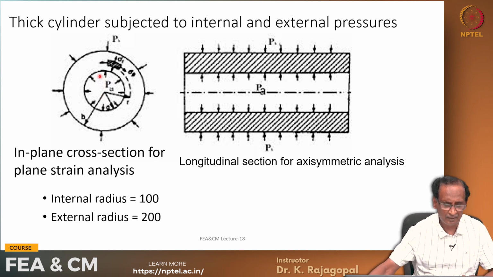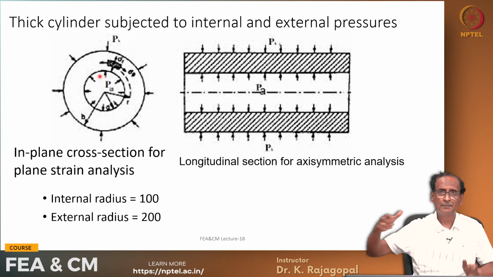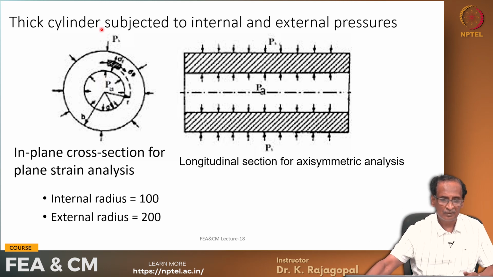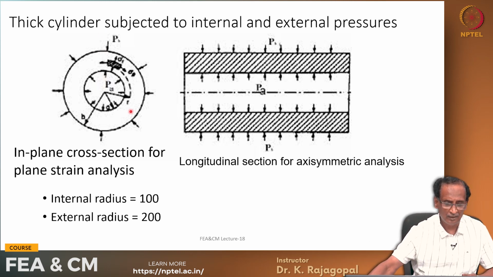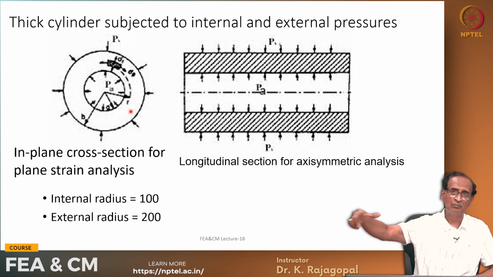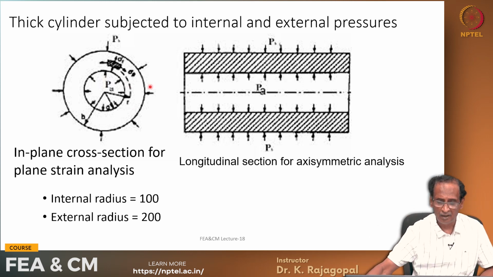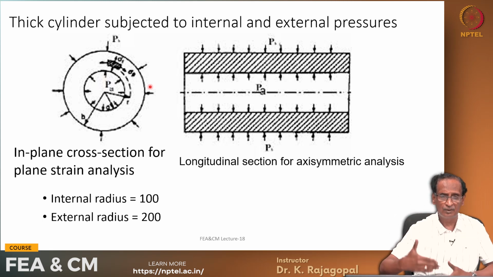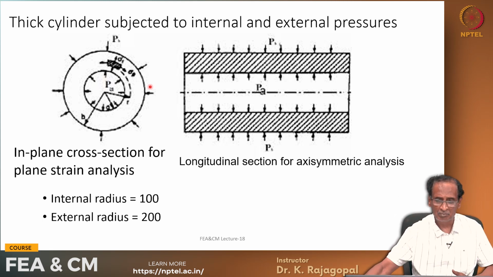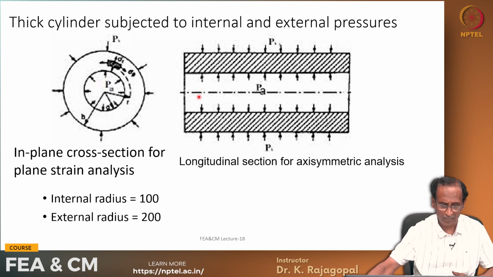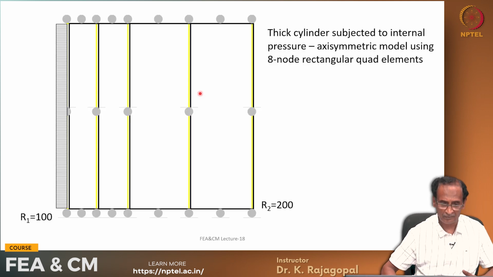If you take a cross section along the length, a unit slice, we can model it as a plane strain case, assuming that in the length direction the strain is 0. Or you can take a longitudinal section like this, and then do this problem as an axisymmetric analysis.